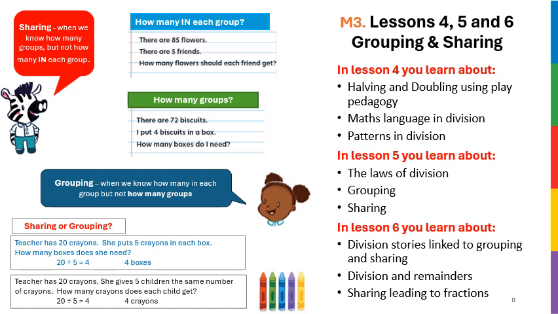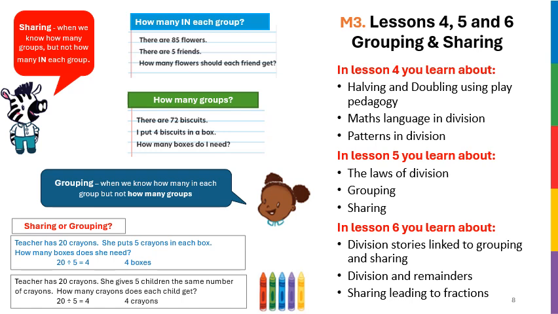In our grouping question, the answer is the number of groups. Not the number in each group, but the number of groups. So for a sharing problem, the question is how many in each group. For a grouping problem, the question is how many groups.